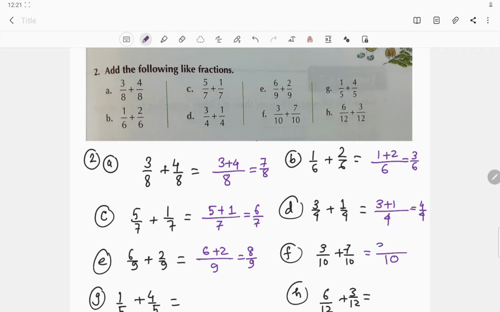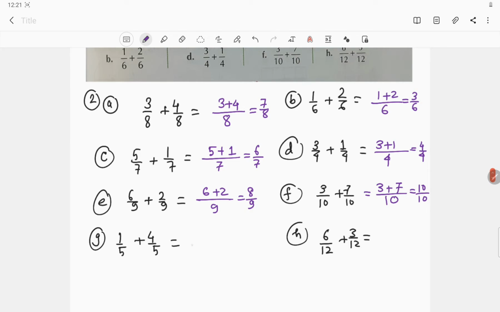Then 10, and 3 plus 7, it will be 10 by 10. And 5, and 1 plus 4, that is 5 by 5. And h, it is 12, that is 6 plus 3 equals 9 by 12. So this is the way to add like fractions.